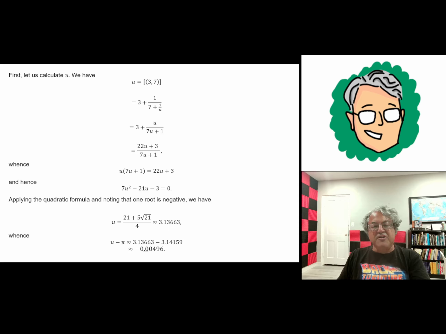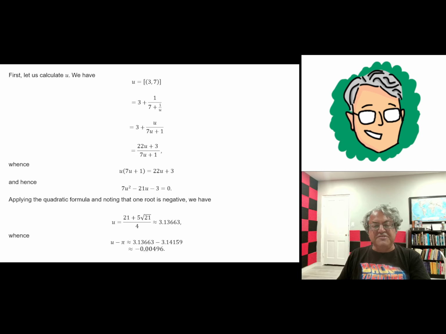But we can write it as 3 plus 1 over 7 plus 1 over u. So now we have an equation involving u as a continued fraction involving u, and we can solve it. All we have to do is simplify this ugly continued fraction on the right. You can start by multiplying both the numerator and denominator by u. You get u equals 3 plus u over 7u plus 1.